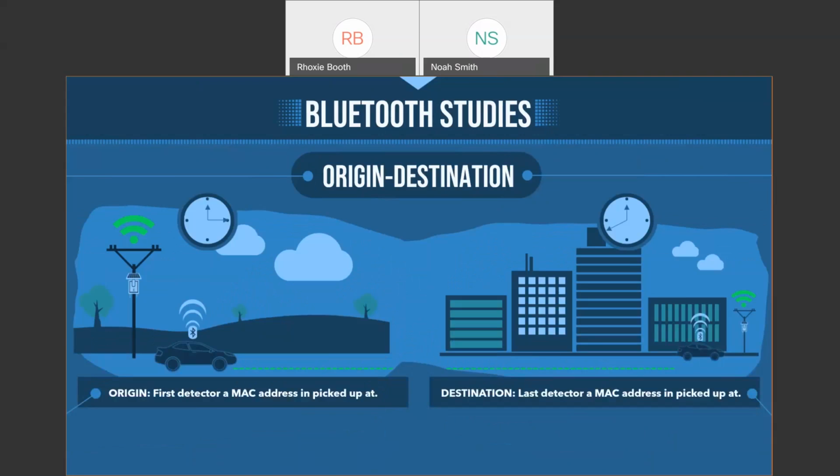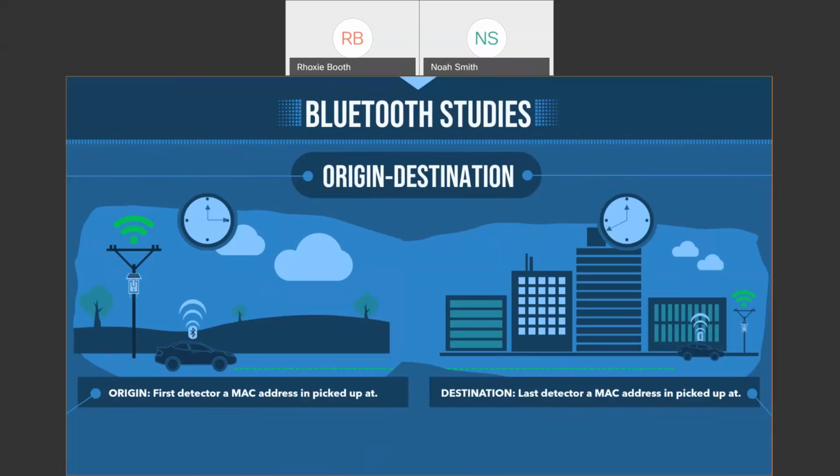So the first common type of study that we do is an origin destination study. And for the purposes of our cloud portal that does all the back-end processing after the data is uploaded from each individual detector, the origin is essentially the first detector that any given MAC address is picked up at.